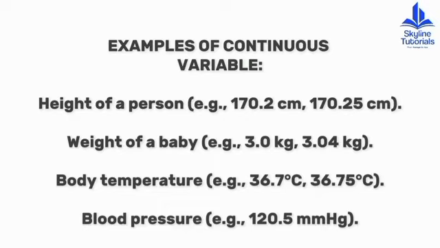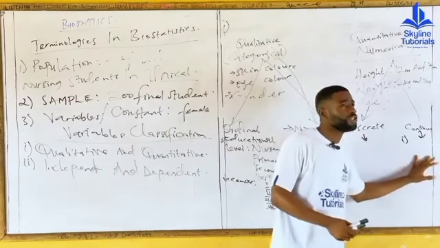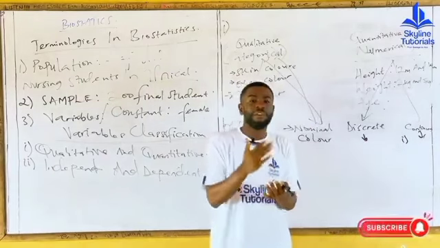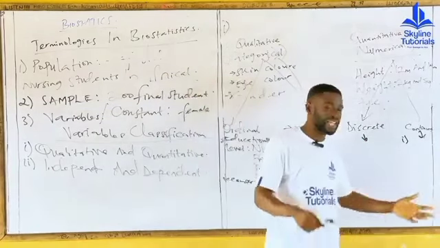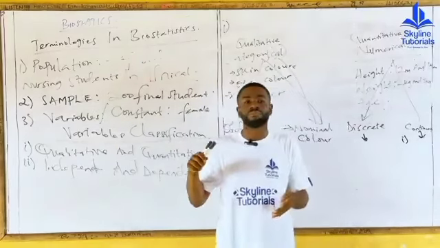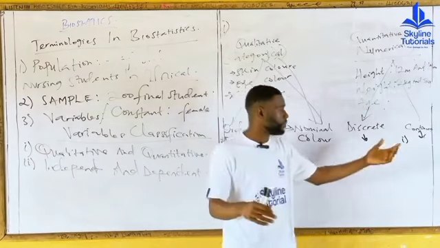What you should take note of between the two is that for continuous, one memory factor you can use is that it is measured. Every variable that is measured is under continuous: height, weight, body mass index, temperature. They are measured, so they would obviously be different. While for discrete, anything that you can count.